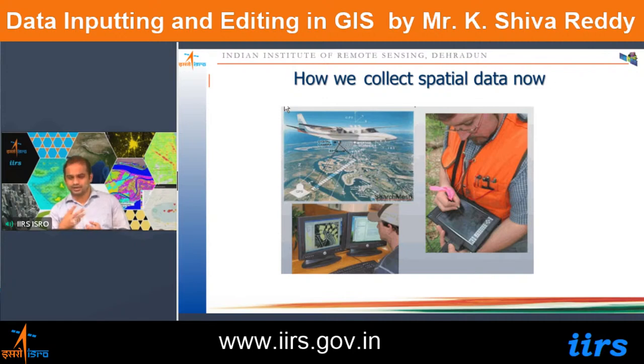Then the non-digital cameras were all replaced by digital cameras. Now the platform, which was the aircraft, has also been replaced by satellites. So now a digital camera is put on the satellites, and from there also we are able to collect the data. So this is a drastic change, right?